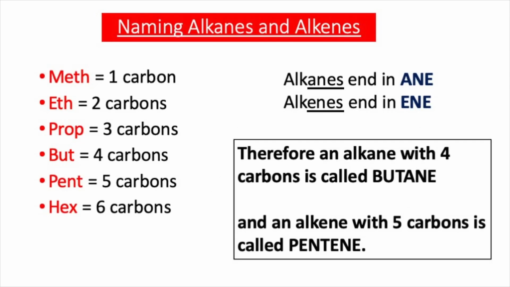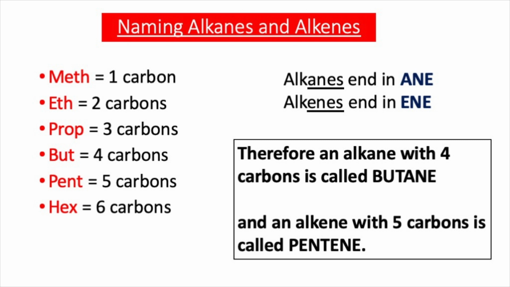In our previous video, we talked a lot about alkanes and alkenes, how they're named and how to draw their structures. So this slide summarizes how we name simple alkanes and alkenes. If the hydrocarbon has one carbon in it, the name starts with meth. If it has two carbons, it starts with eth.